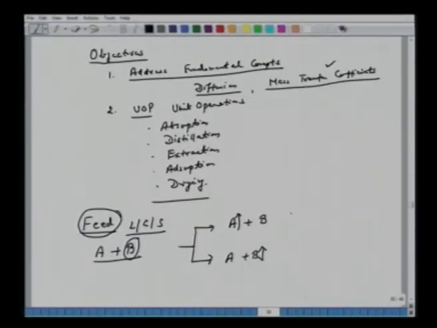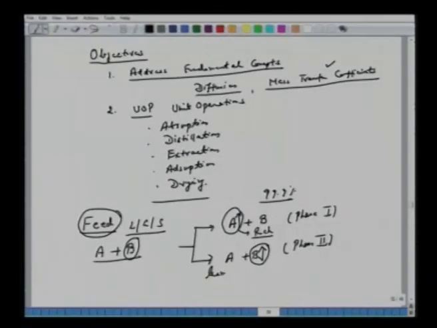Let's say this is phase 1 and this is phase 2. In phase 1, A is richer than B, so it has certain purity, let's say 99.9%. The other phase is rich in B, so A is lean here, and the composition here could also be 99.9%.